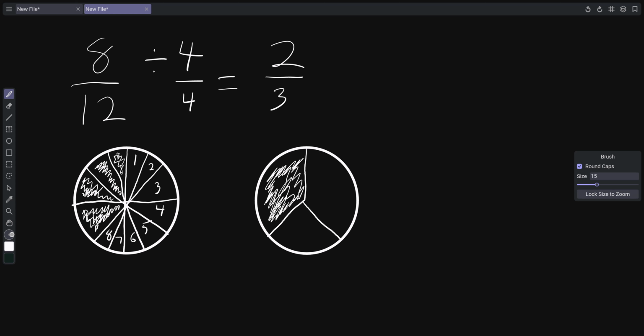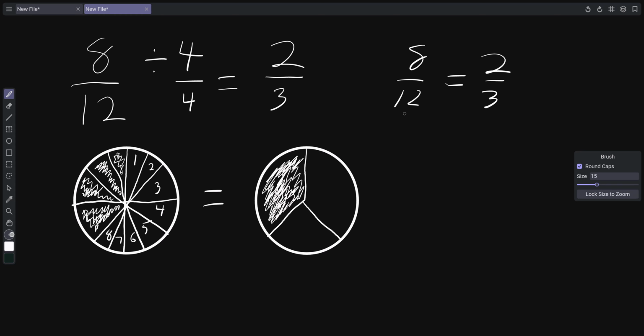And you'll see that, again, like we saw before, the actual amount of what's left is the same between these two circles. Obviously, they're not exactly the same because I didn't draw it perfectly, but the visual representation of it still holds. This is equal to this because 8 over 12 is equal to 2 over 3.